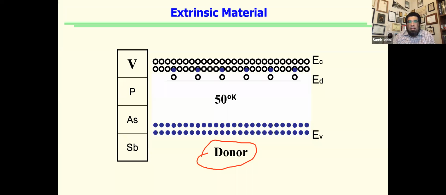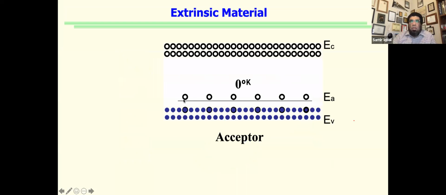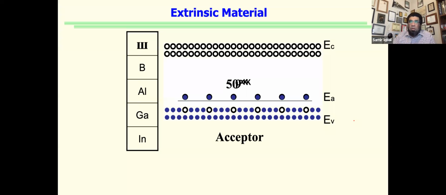In the same way, this would be happening for acceptor materials, P-type materials. In this case, we have provided an extra energy level close to the valence band. When that happens, electrons easily jump from the valence band to EA. These are the examples of boron, aluminum, gallium.